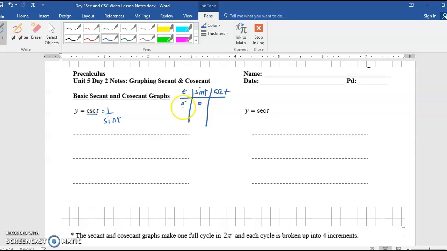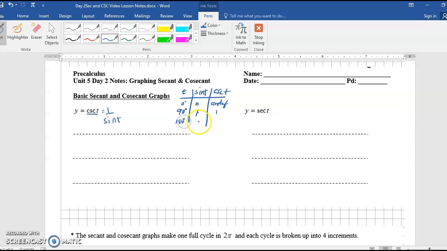But when the 0 goes into the denominator, the cosecant becomes undefined, right? And if we have 90 degree angle here, then we'll have sine as a positive 1, which is okay for cosecant.